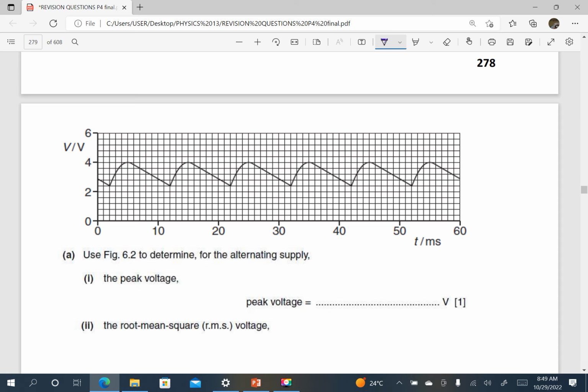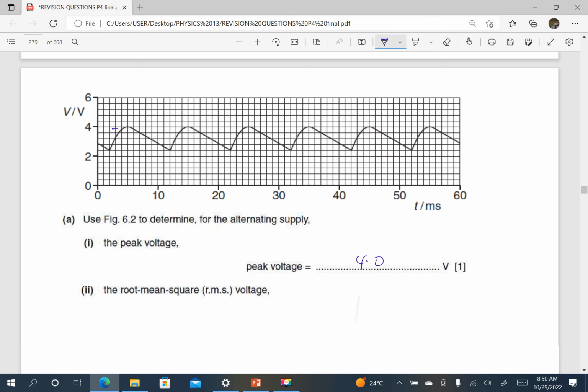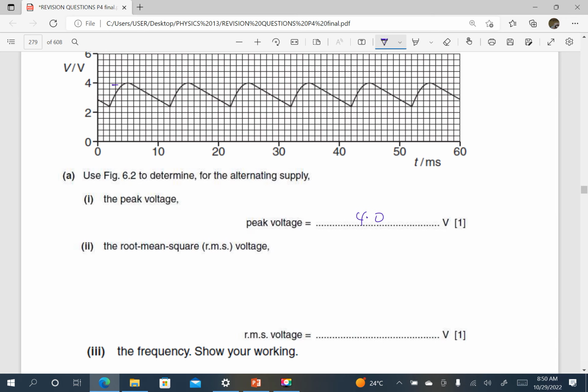Use the figure 6.2, which is now the graph, to determine for the alternating supply the peak. You just look at the graph and you see it is 4.0 volts. The root mean square voltage: since we have the peak, V root mean square is equal to V naught over root 2.